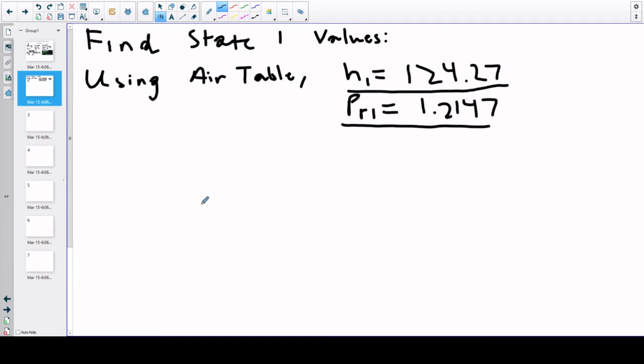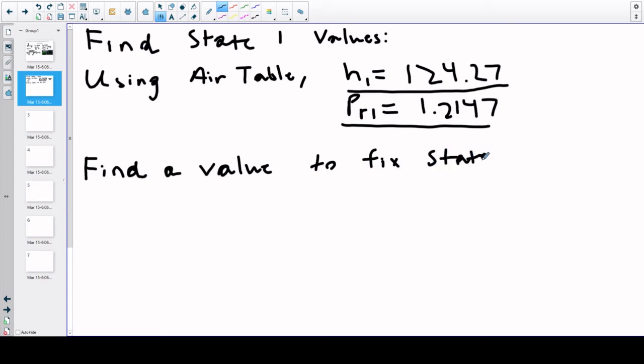And now, using the relative pressure, or PR value, we're moving on to find something about state 2. This will be a value for state 2S, because remember, using relative pressures, those are S values. These are perfect isentropic relationships.